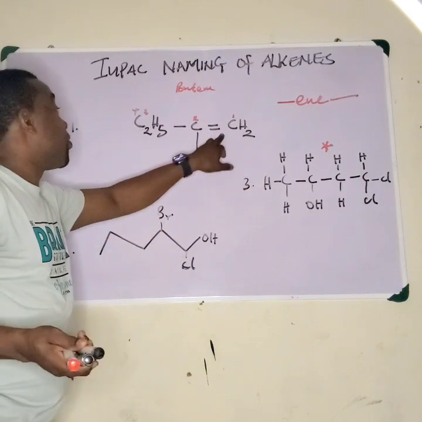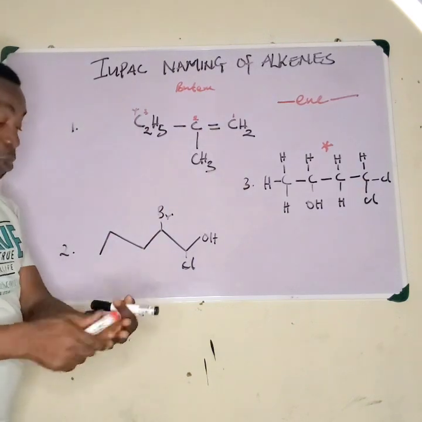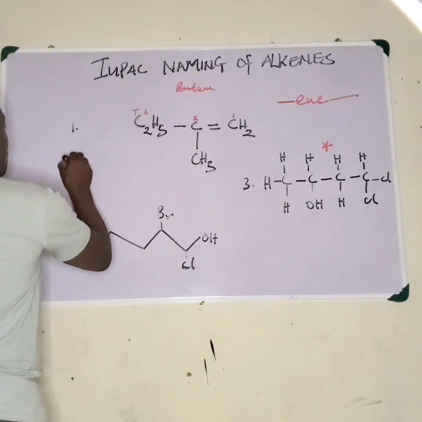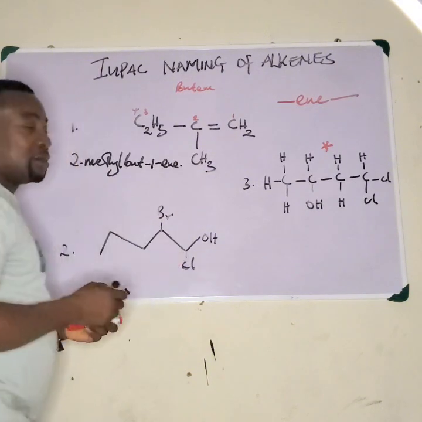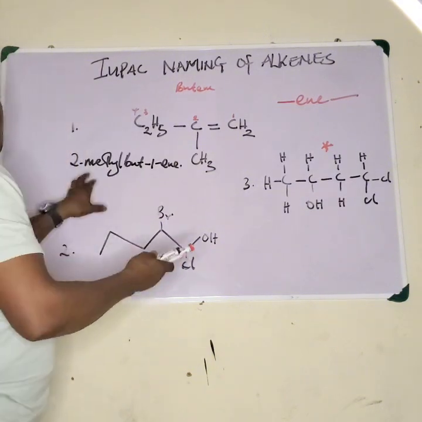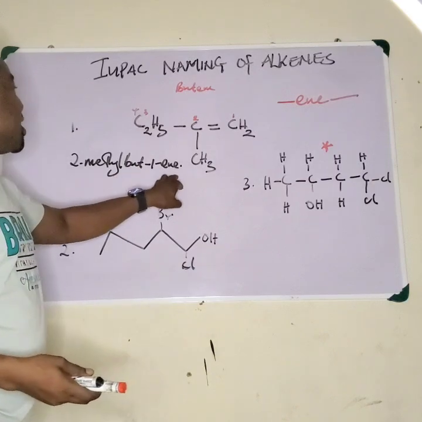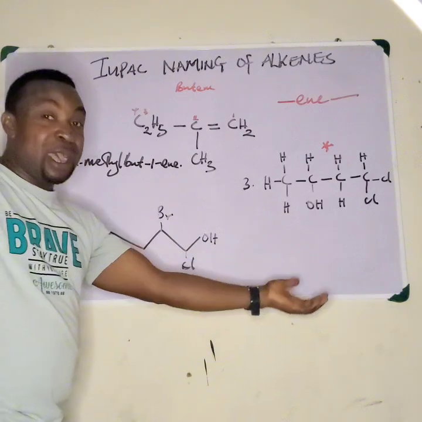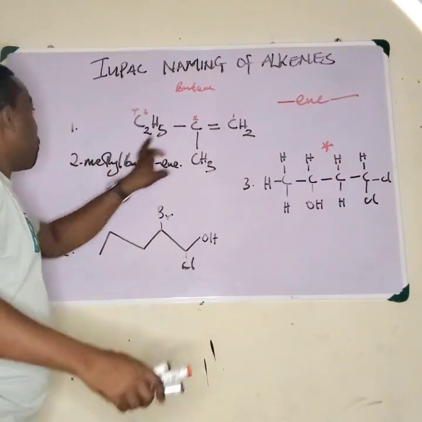You can put 1 or you can write normal butene. So the IUPAC name of this compound is 2-methylbut-1-ene, or 2-methylbutene is okay, because 1 here simply means it's a normal butene. That is the name of this compound.